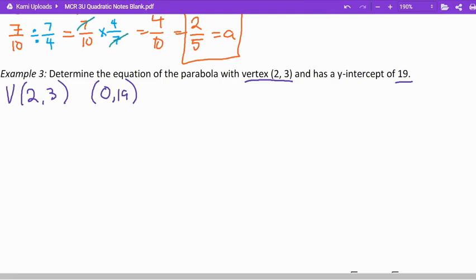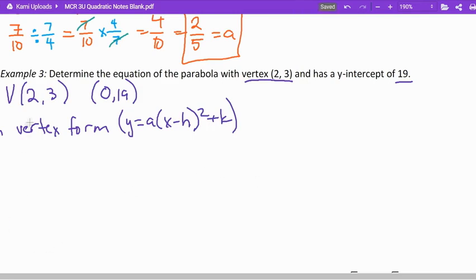But I can use vertex form, right? The question doesn't tell you which form to use. It just says write the equation. Okay, well, I'm going to take advantage of that and use vertex form. So in vertex form, if you need a reminder, that's y equals a x minus h squared plus k.